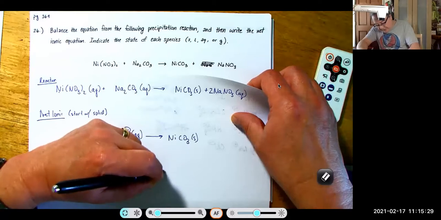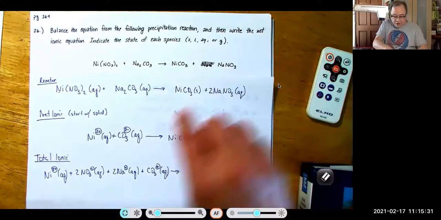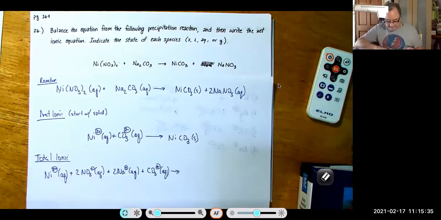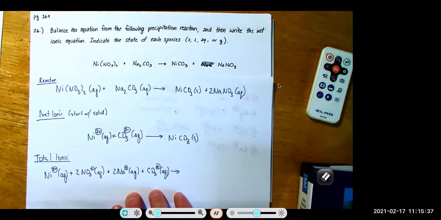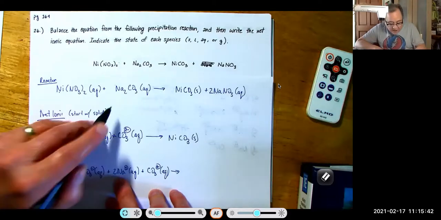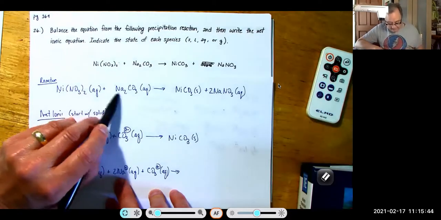And I'm going to give you a chance to catch up. But do you see how I took these apart and I wrote each ion separately with its own coefficient, based on how many of those ions there are?